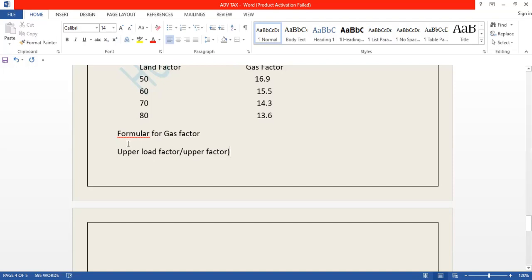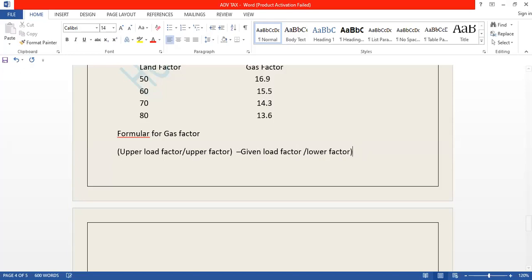So I put this 2 into brackets, then minus this 2 we have calculated, then given load factor divided by given load factor and then the lower factor of this.